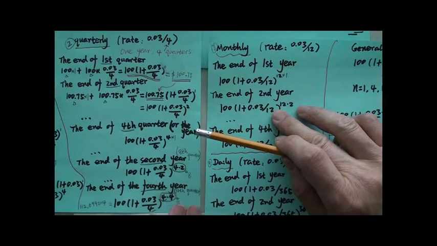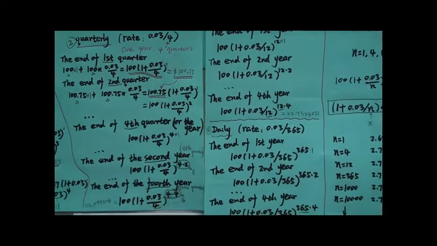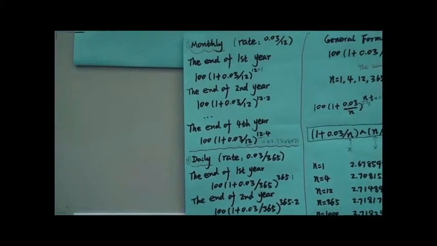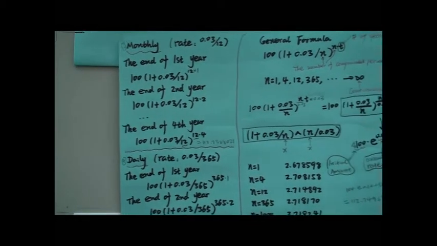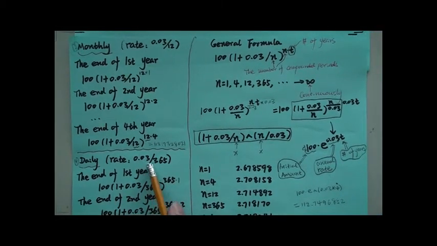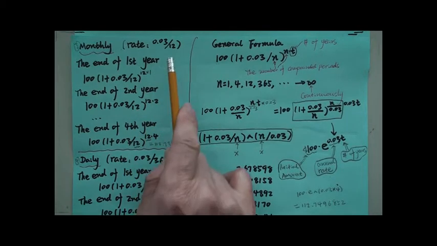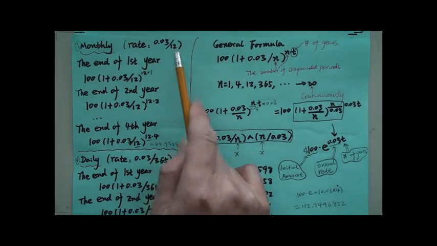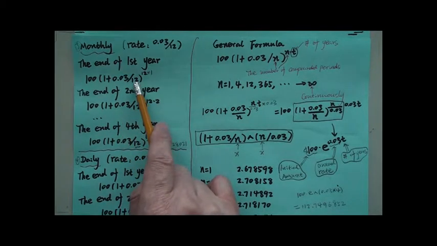Now, how about daily? Daily, the pattern is the same. The daily rate would be 0.03 over 365. Previously, here is the monthly rate. Now, the end of the first year, previously was 12 months.